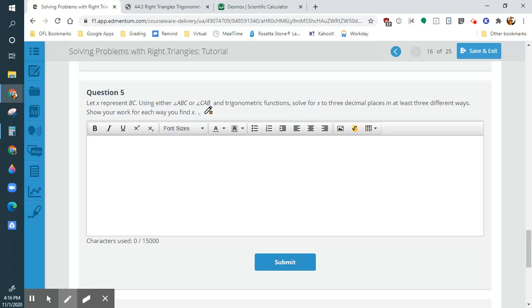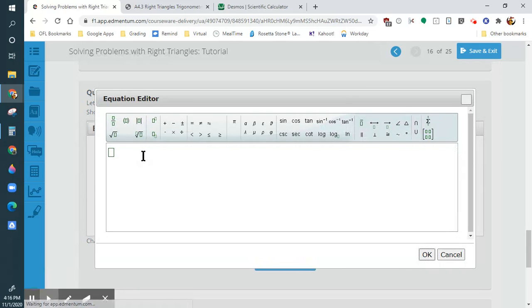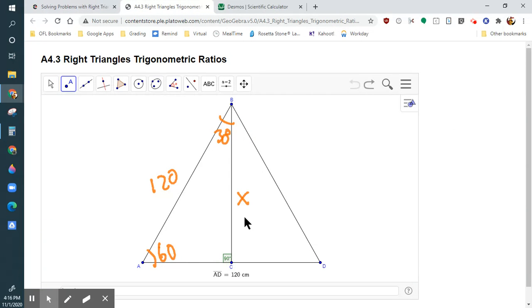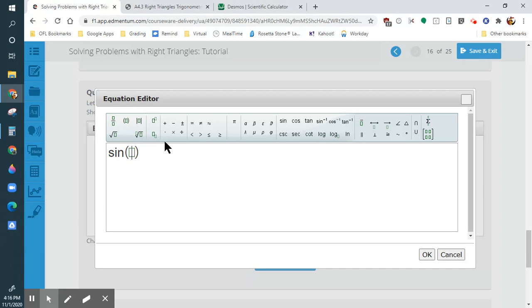I don't know why we're doing this, because we had to get that information for the other one, so whatever. So I'm going to say sine of, I guess I'll do opposite over hypotenuse. So I'll say sine of 60 equals x over 120.